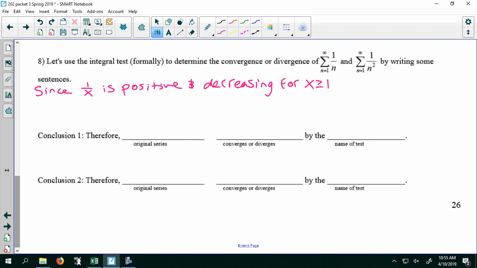Because when x is negative, 1 over x is negative. But we only care about x bigger than or equal to 1, because I'm starting my sum at n equals 1. So 1 over x is positive and decreasing for x greater than or equal to 1.